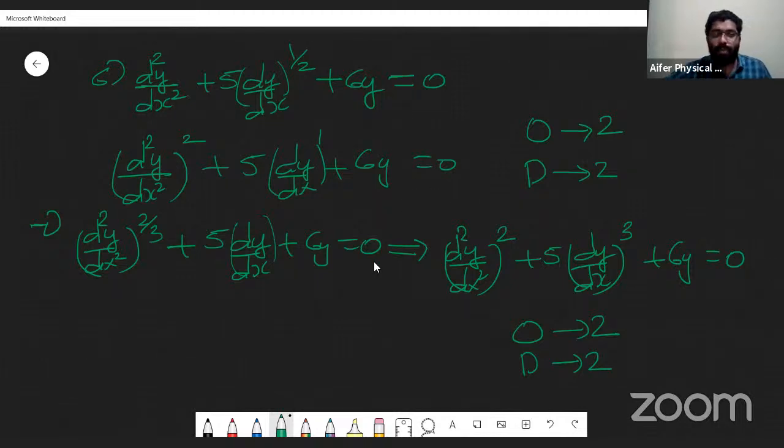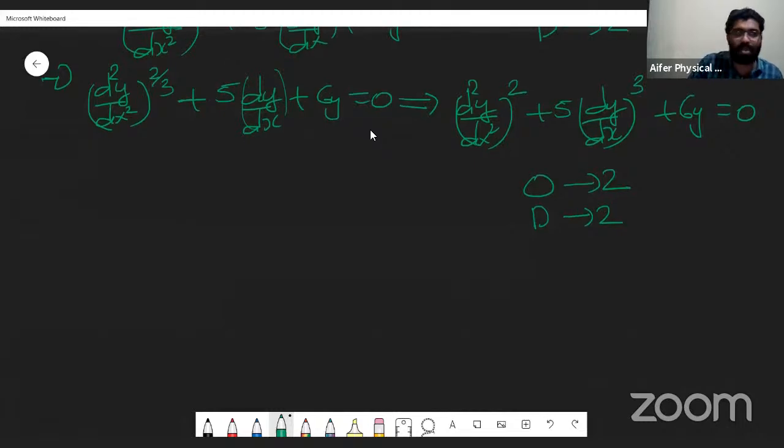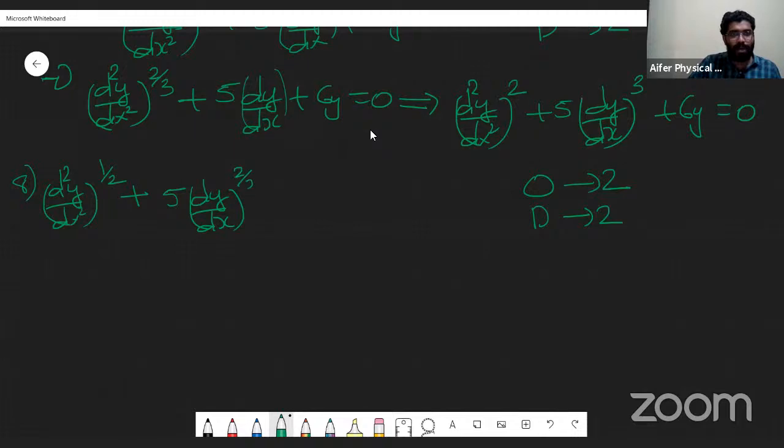Okay, if more than one term contains a fractional power, what happens? We have an example like that. Say (d square y by dx square) whole power 1 by 2 plus (5 dy by dx) whole power 2 by 3 plus 6y equal to 0.